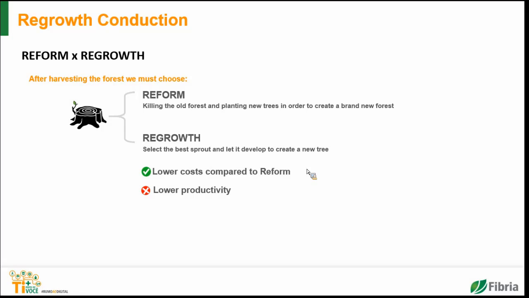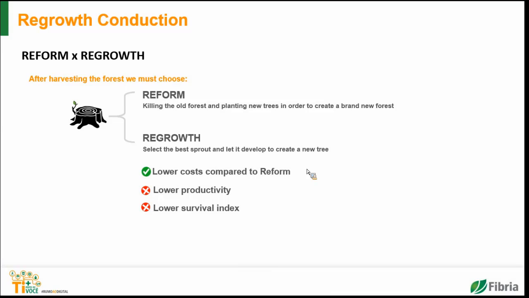In general, you have lower productivity when you do regrowth, and you have a lower survival index when you compare it with a forest that was created from a reform. You see that in general the reform forest has a higher percentage of trees alive at the end, at the moment that we are going to cut the trees.